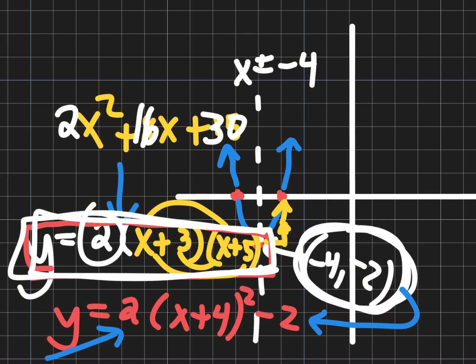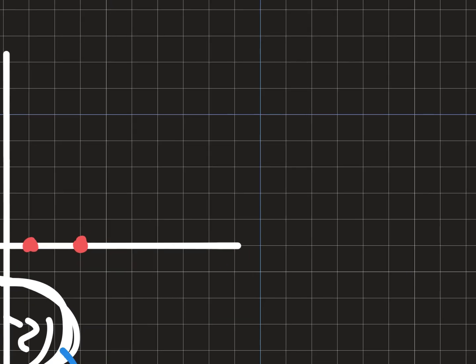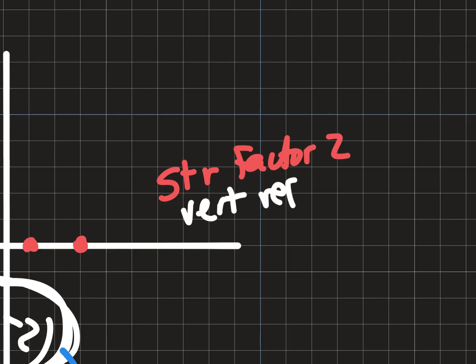All right, now here's one of the more difficult ones. If I just tell you the two x-intercepts, like it's at 1 and 3, and I tell you there's a stretch factor of 2, and I tell you it's been vertically reflected, can you write me the equation?